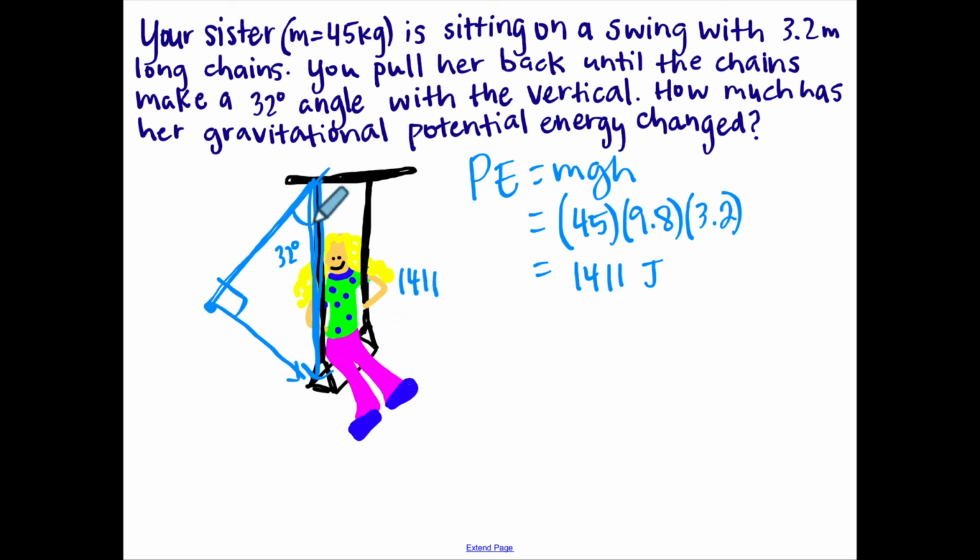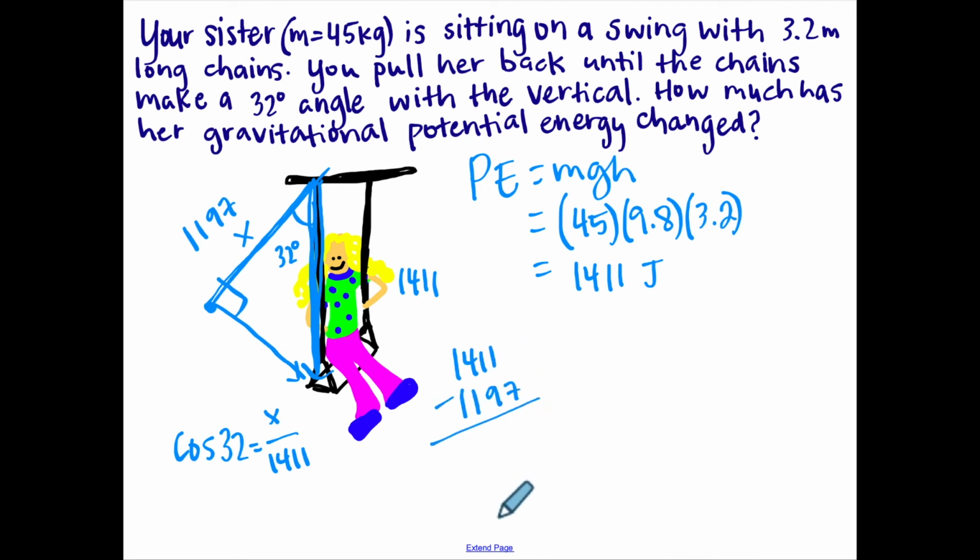So we have a hypotenuse of 1,411 and an angle of 32. And we want to find this value right here. This is the adjacent, so we're going to use cosine. We get 1197. So to find the difference, we take 1411 minus 1197, and we come up with a difference of 214 joules.